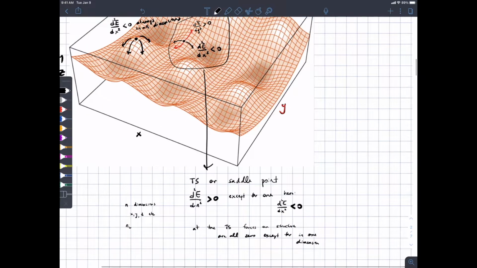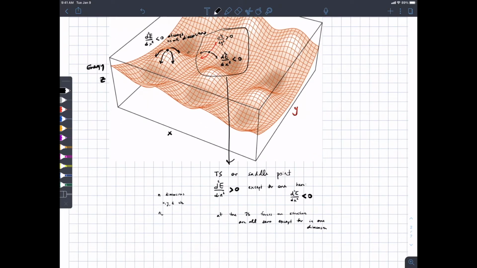Whereas at the minimum, all forces on the structure are 0 in all directions. Not sure I did the best job on that. Any questions? What do you want to talk about?